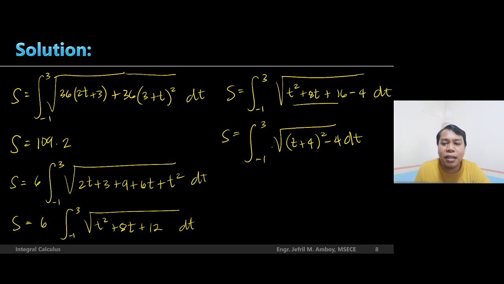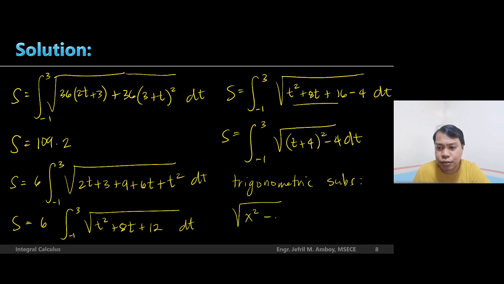Kaya, dito, ang gagamitin natin is trigonometric substitution. Kapag meron kang term na x squared minus a squared, ganito ang gagamitin natin. Let x be equal to a secant theta.